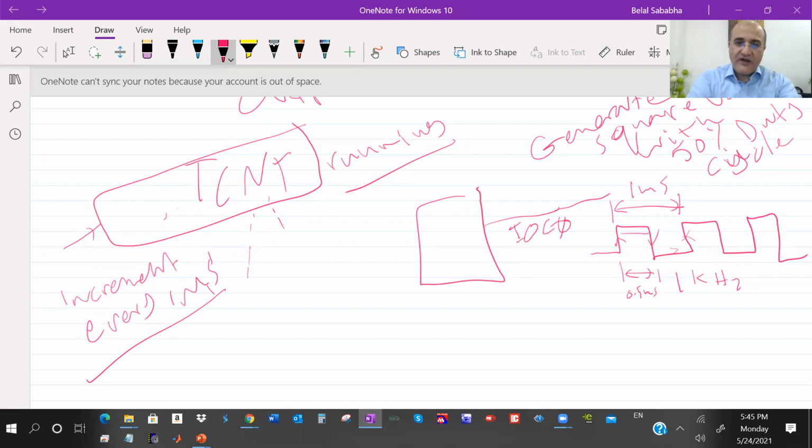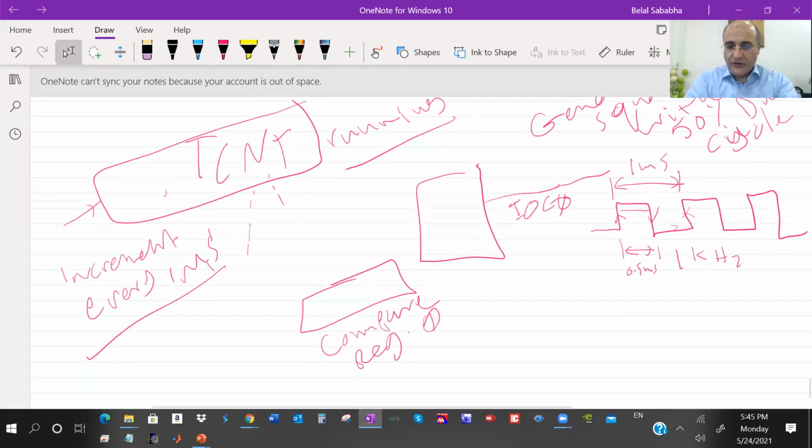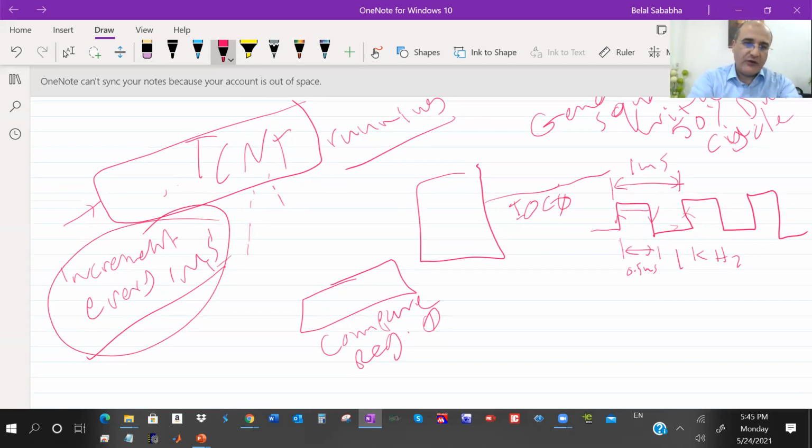So you can say you have a register called the compare register, compare register 0. You know that this is counting up every 1 microsecond.